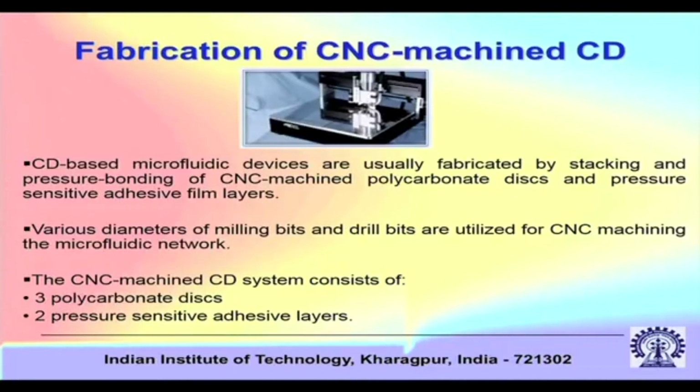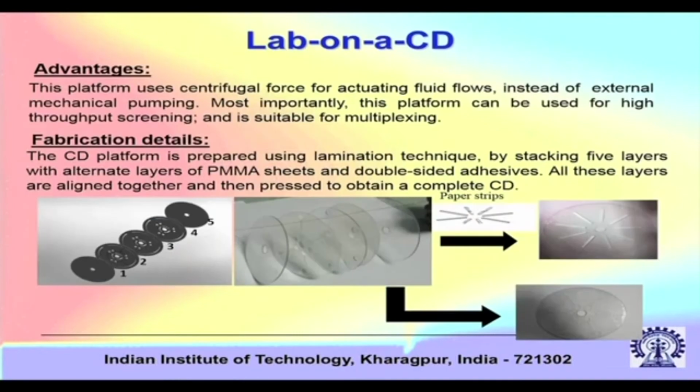The CNC machined CD system is typically a 5 layered structure with 3 polycarbonate discs and 2 pressure sensitive adhesive layers. These are the 5 layers, and I have shown you in the last class how these layers are made and how they are bonded together.